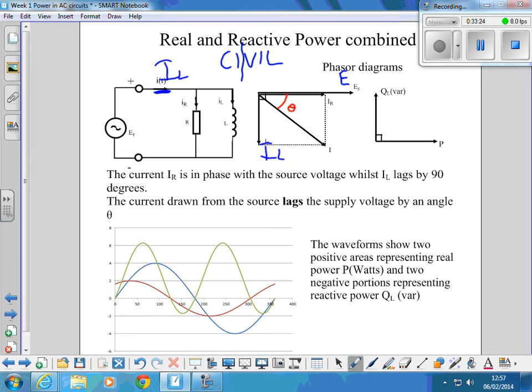is the resultant, or the total current in the circuit, is the resultant of those two. And as you can see, it draws that current out of phase with the supply voltage. They're not in phase with each other anymore.